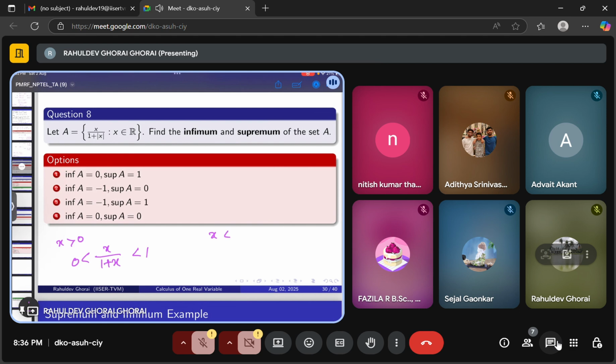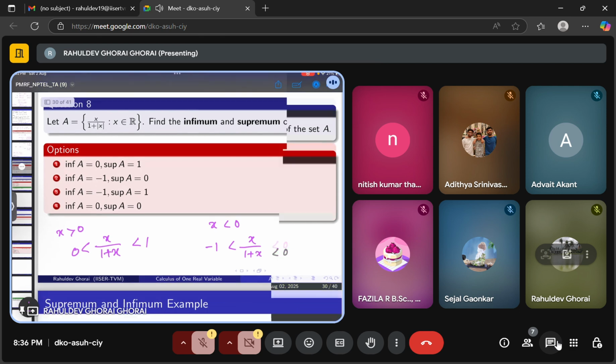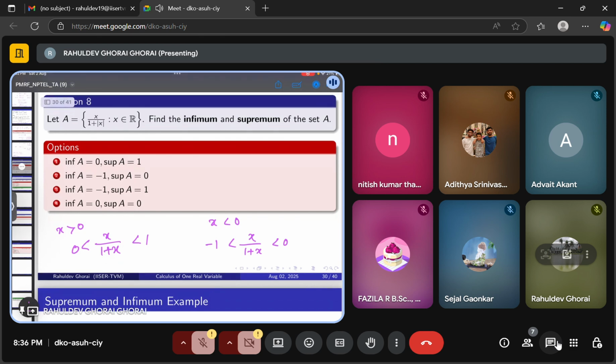When x is less than 0, it will be minus x over 1 plus x, and this is a continuous function on that interval. On all of the real numbers it is continuous, and you will have all the points between minus 1 and 1.